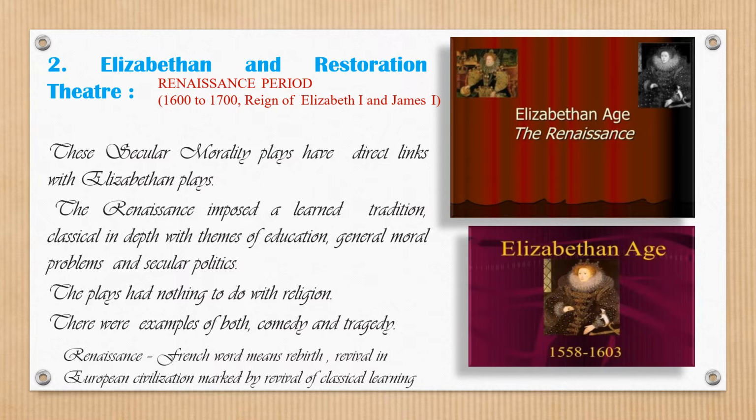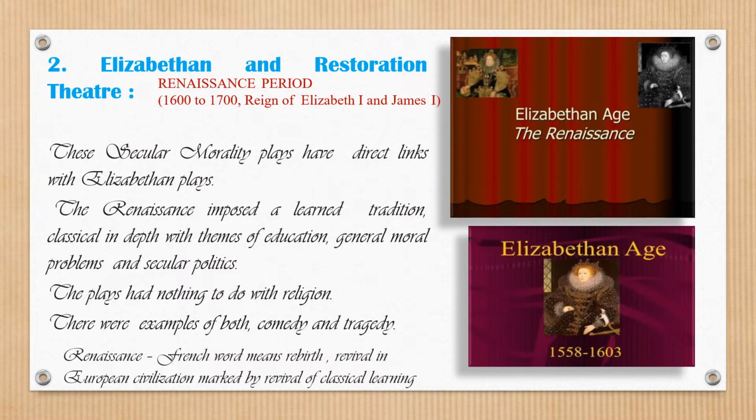Elizabethan and Restoration Theatre. The type of plays changed during the reign of Elizabeth I and James I, from the 1600s to the 1700s. There was a lot of change in the theatre.